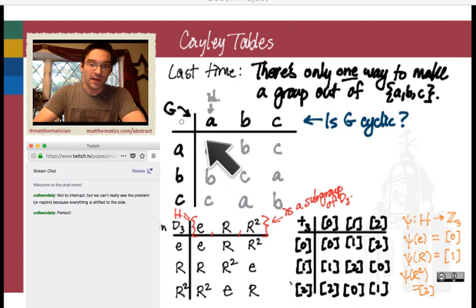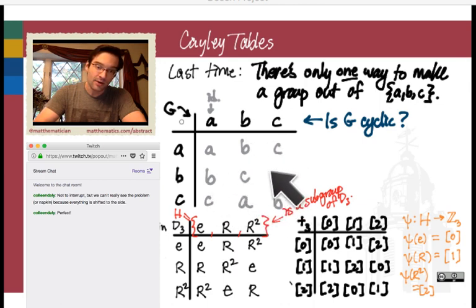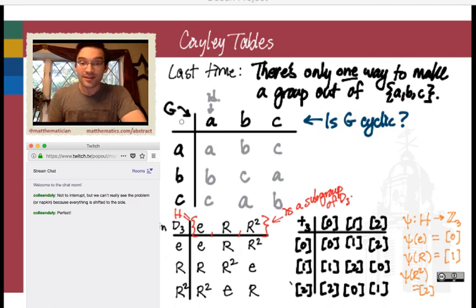BA is equal to AB. CA is equal to AC. This Cayley table is symmetric across its diagonal, right? B here, B here, C here, C here, A here, A here. So it's abelian, but what we can't immediately tell is whether or not it's cyclic. Remember, cyclic means that the powers of only one element are enough to account for all the elements in that group.